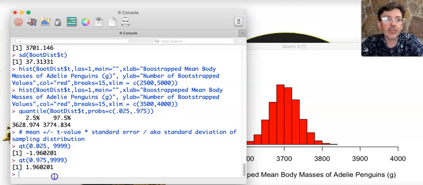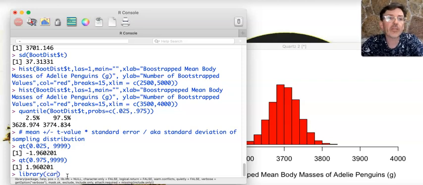Now, the final thing that we might do is a slightly different approach, and this is going to use, in the library car, the function confint.